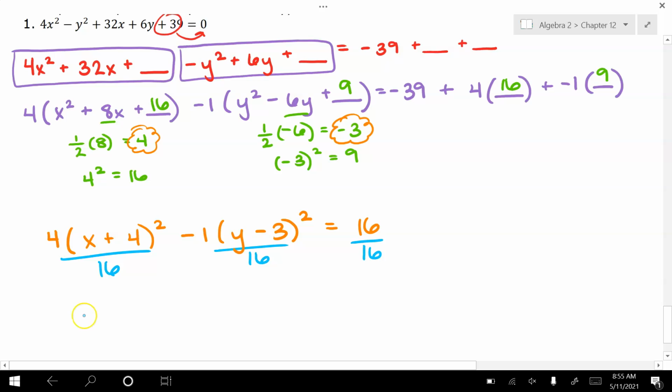So this simplifies, so it says x plus 4 squared over 4. The second one, it's just going to have a minus sign here, and it's going to say y minus 3 squared over 16. I just dropped the 1 from in front. And then equals 1, because 16 divided by 16 is 1.